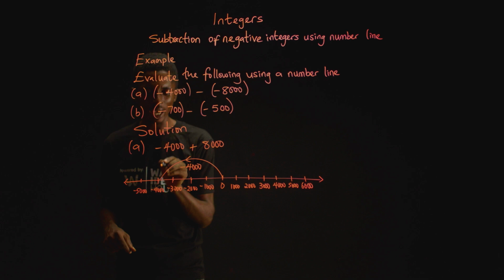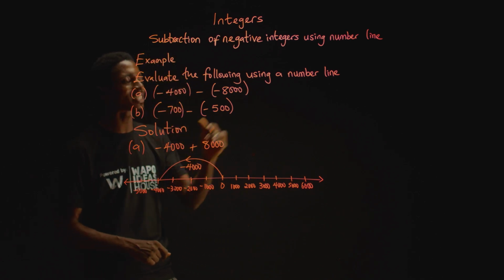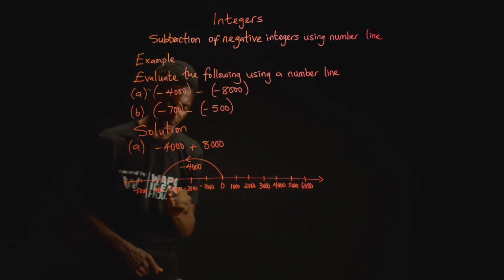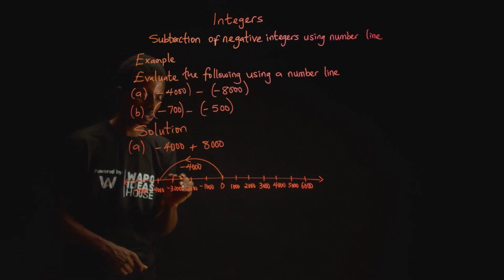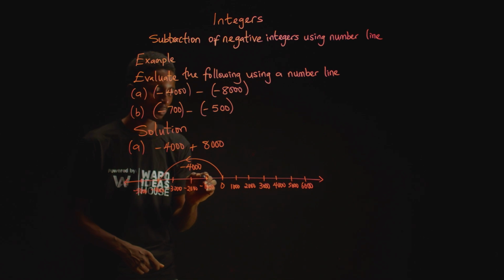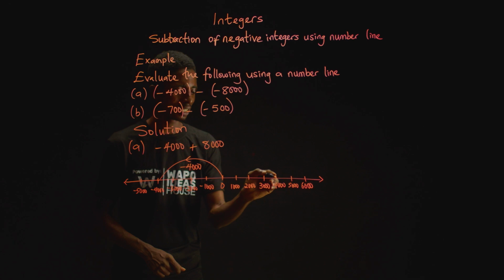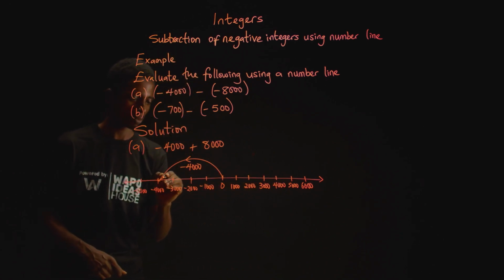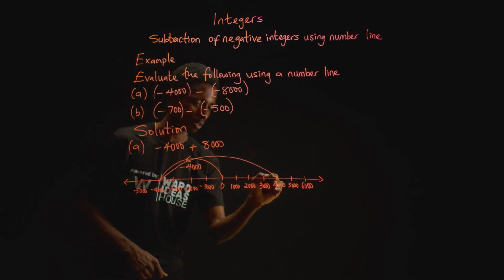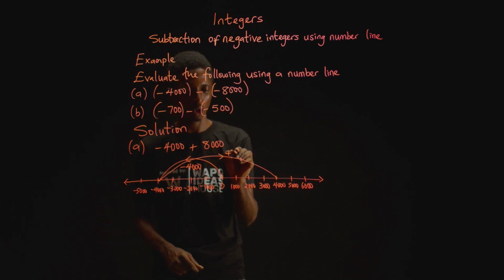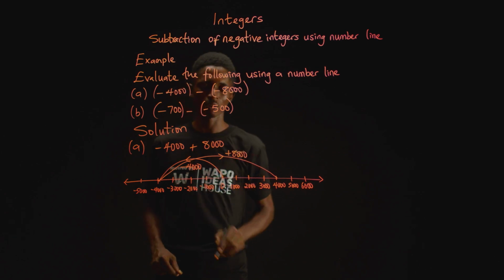That is, from wherever we end here, we are going to move 8 steps to the right. So from here, count 8 steps to the right. 1, 2, 3, 4, 5, 6, 7, 8. So we move like this to the right to indicate our plus 8,000.